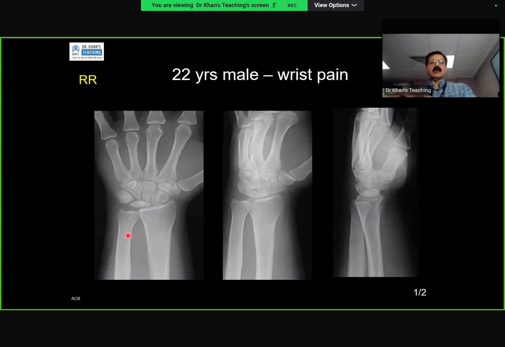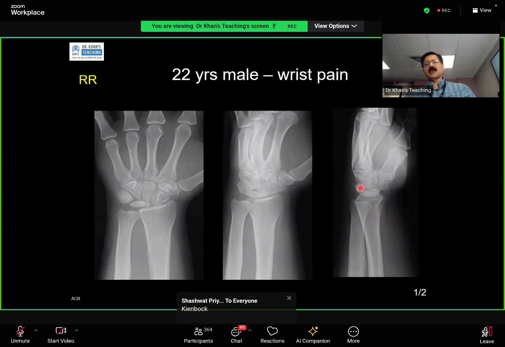If you just concentrate on this X-ray for your rapid reporting, normal or abnormal, just consider this one, nothing else. This is abnormal. And what is happening? I think lunate avascular necrosis. Excellent. By the way, in your exam, this can come as a lateral.